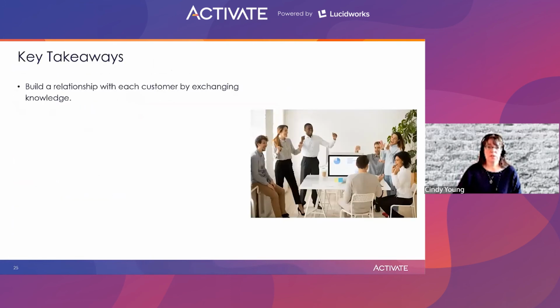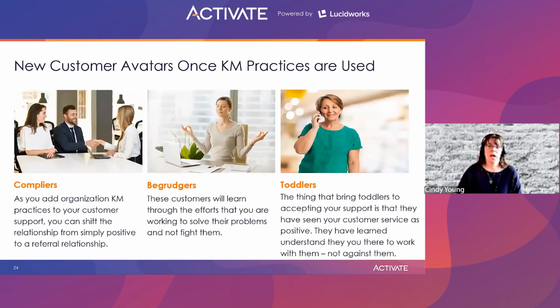So with toddlers, they want to know that what you're doing is going to bring them an easier life, that you're not purposely making their life difficult. So they're going to start accepting your support the more you use these knowledge management practices and include them in the discussion. Because when you include them, they feel more valued. They trust you.